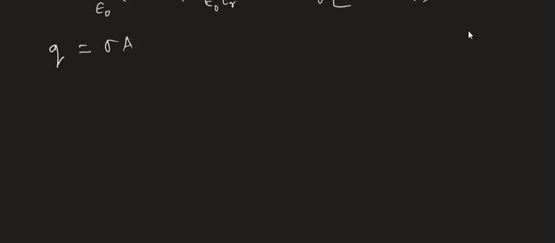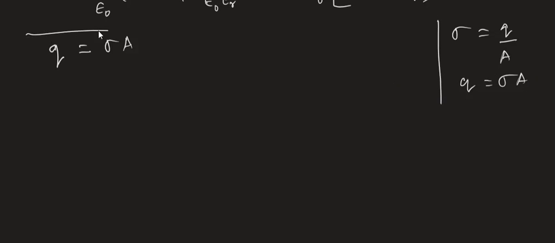Because we already know sigma is equal to Q by A. So we are interested to find Q. That is nothing but sigma into A. So that is the equation. This is the charge on the plate X. Right. Now let us consider the capacitance, which is nothing but Q by V.